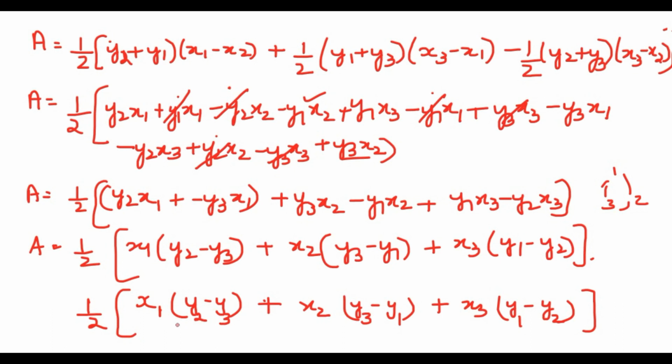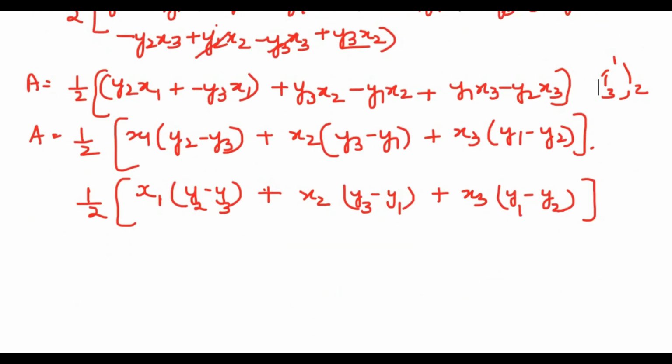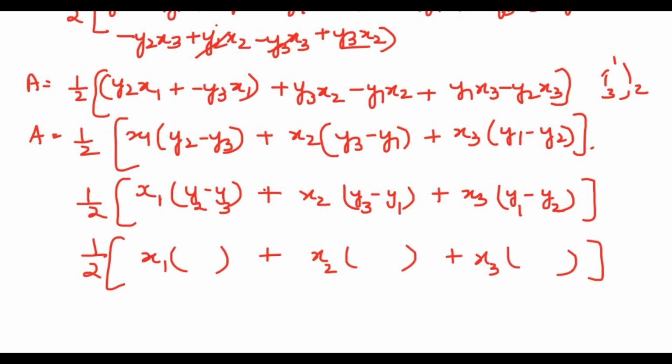So once again, the area of triangle formula is half, you can take outside. Again x1, three terms are there inside the bracket, x1, x2, x3, and the terms inside the bracket will be with y, and it will be minus sign.